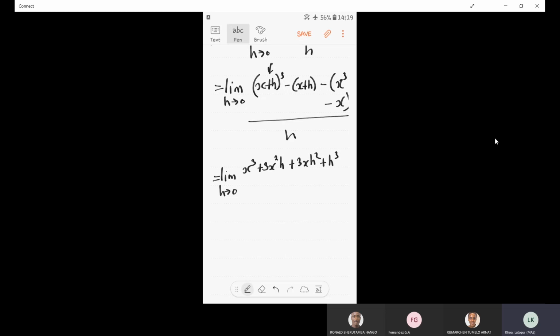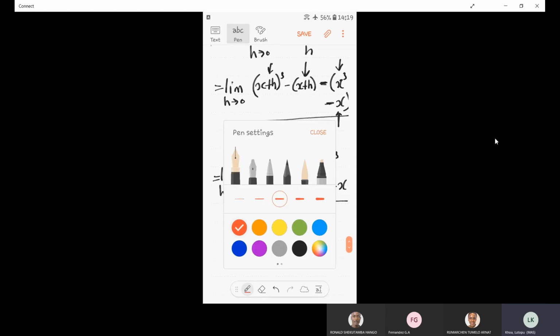And then I have minus x minus h, that's this one over here. And then I have minus x cubed, that's this one here. And then I have plus x, which is this one. Because of this negative, when it multiplies that one, I will end up with a positive. And this is all divided by h. Then you see, are there any terms that can cancel?